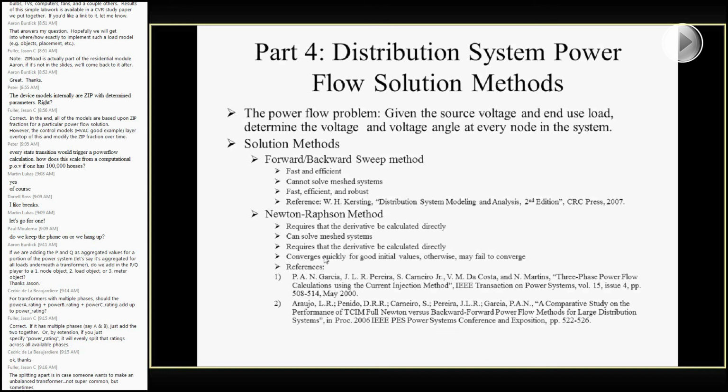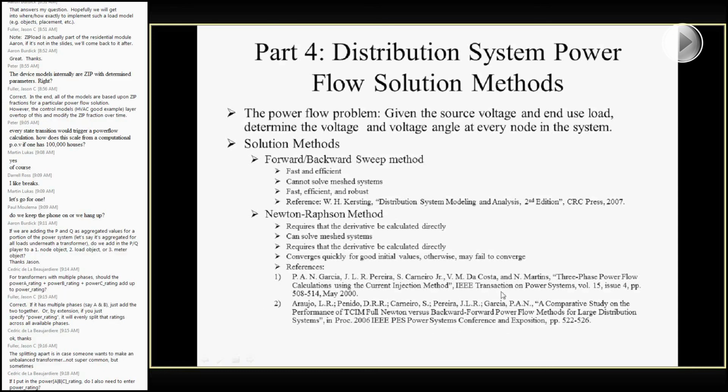It's a little bit different in the distribution implementation, and the references to the particular method we're using are down here on the bottom. It's basically the three-phase current injection method, Newton-Raphson. It operates under similar principles as the transmission level one that you may be familiar with, but the specific details of how it's implemented are slightly different.